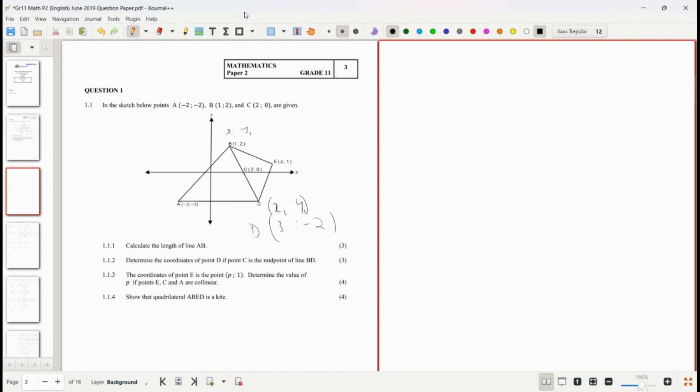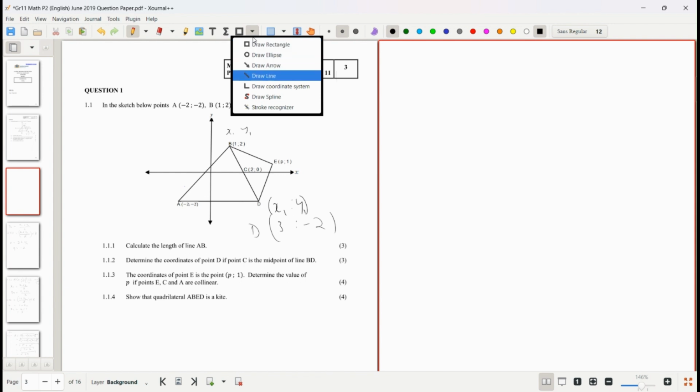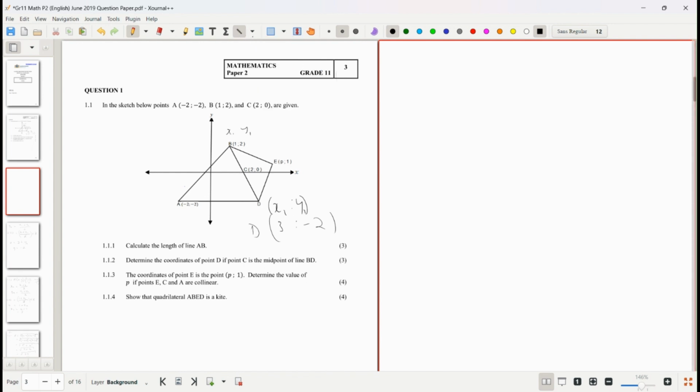So what does collinear mean? It means that they are in the same line, or they fall on the same line. So A here, C, and E all fall on the same line, right? If you can join a line, they will all fall onto this line here. So that's what it means to be collinear.